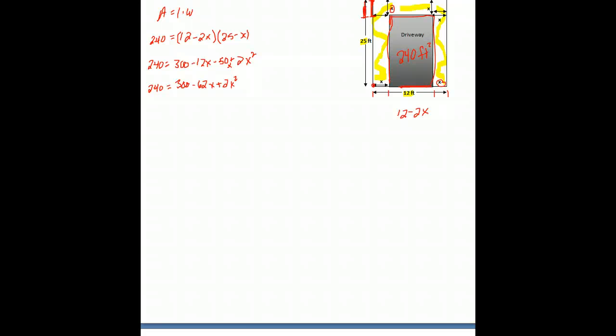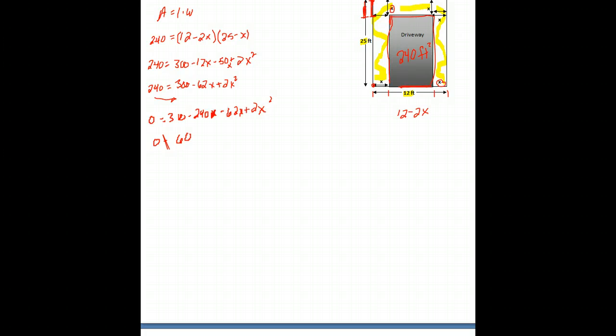And we're going to solve now for x. So bring the 240 over. So it will be 0 equals 300, subtract 62x plus 2x squared, minus 240. I'm sorry, that's not supposed to be an x there.